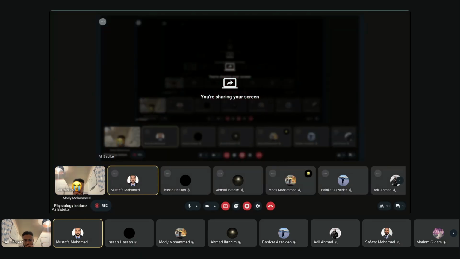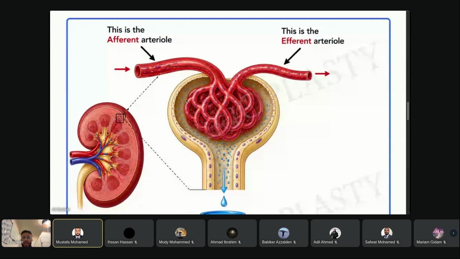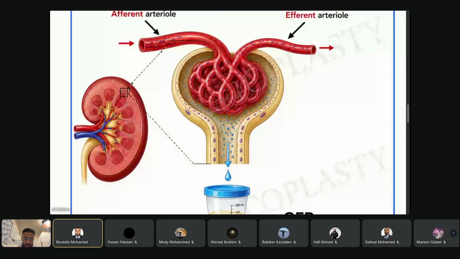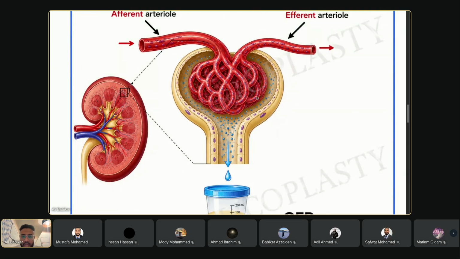So it enters the glomerular cell. Right? Look, let me explain in Arabic. You want to measure how much of the blood is coming through here. Basically, you need this to be like a sieve that doesn't absorb anything.